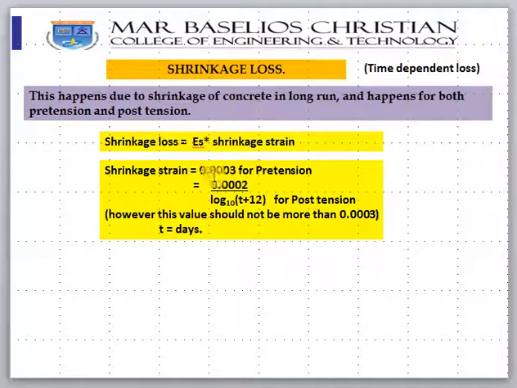Shrinkage strain is 0.003 for pre-tension, and 0.002 by log t plus 2 to the base 10 for post-tension. In no case should this value be more than 0.003. The maximum value should be 0.003.